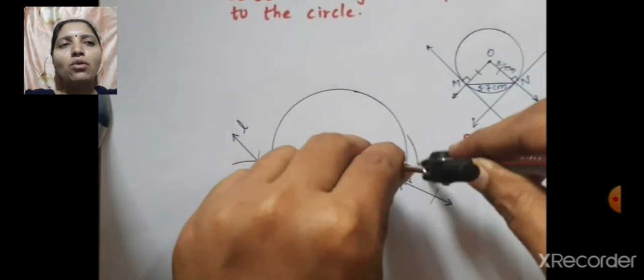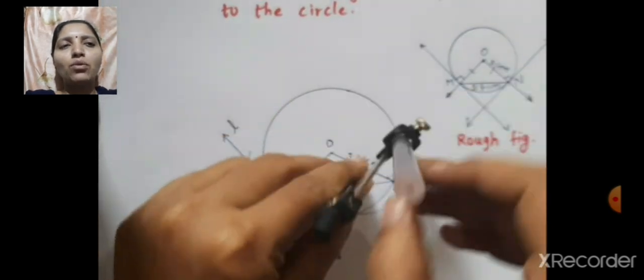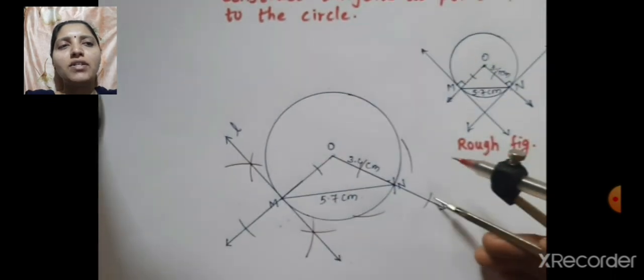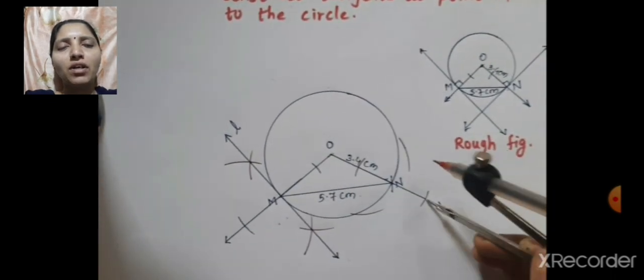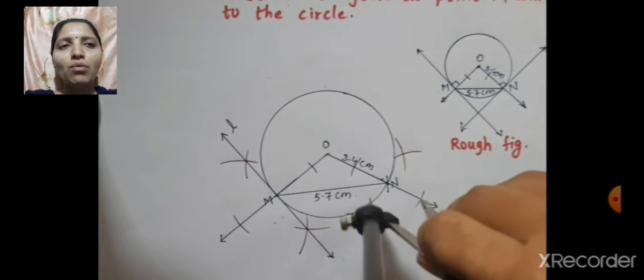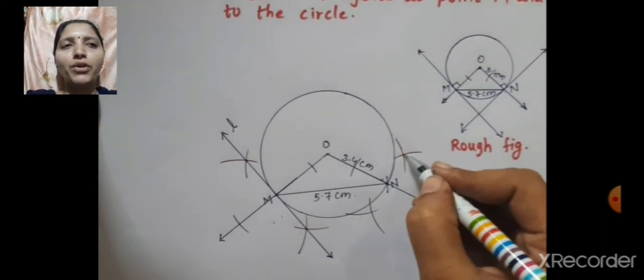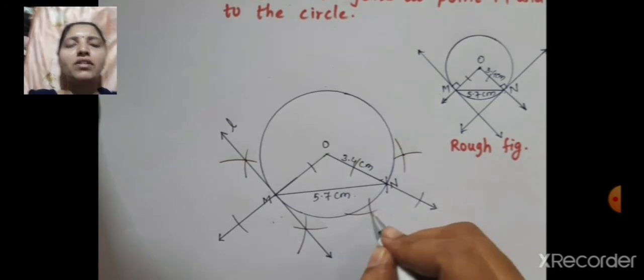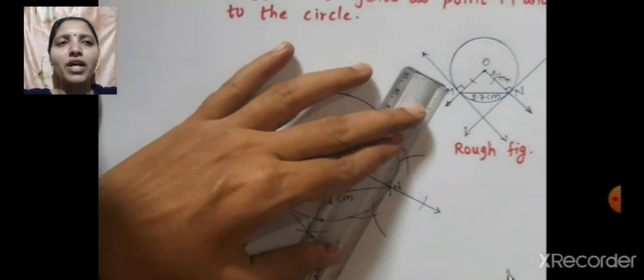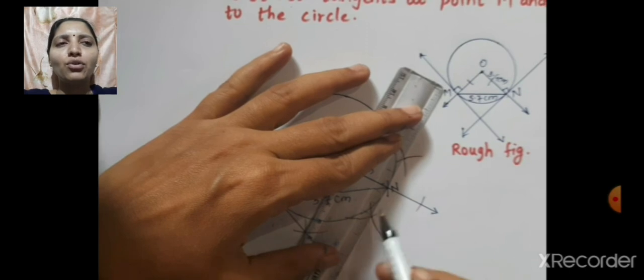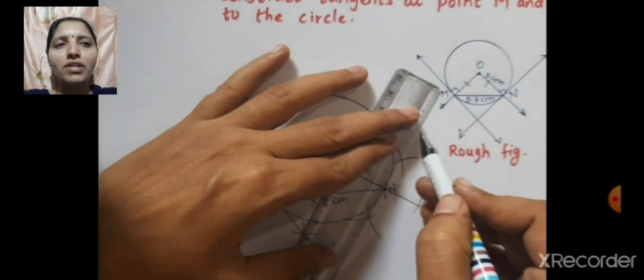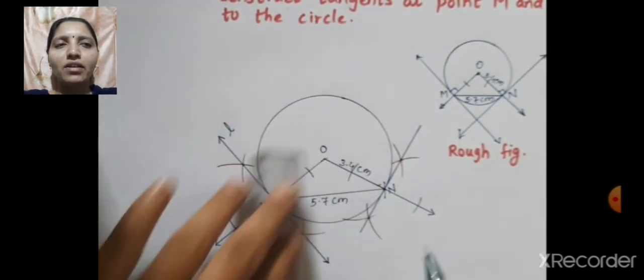One arc above, one arc below. Similarly, keeping the same distance, one arc above, one arc below. Highlight the points of intersection, and then with the help of the scale draw a line passing through point N.